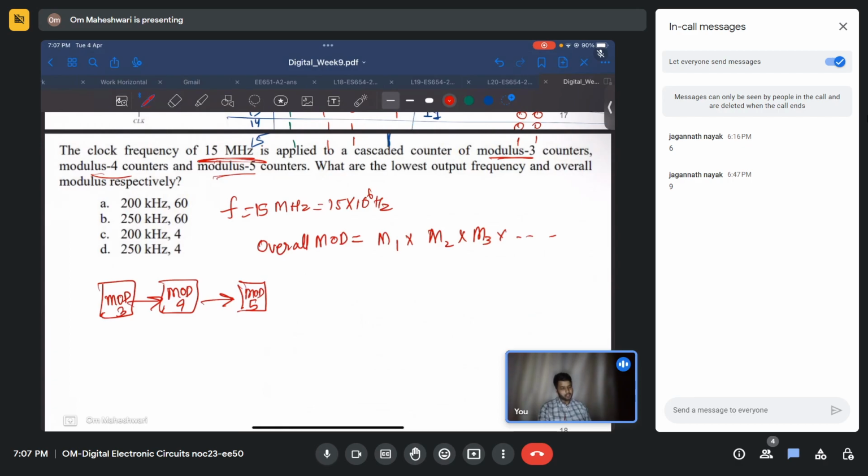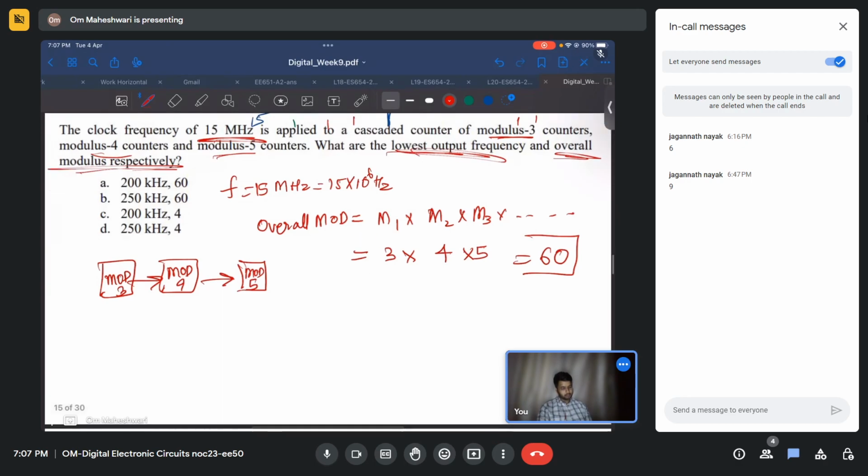So here we have 3 into 4 into 5, that is 60, the overall mod.